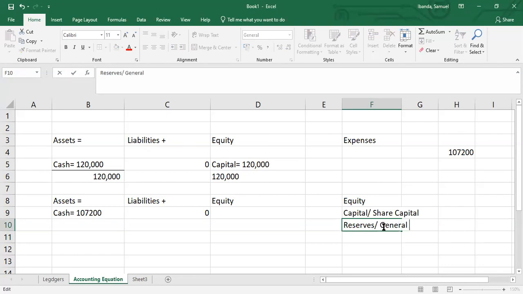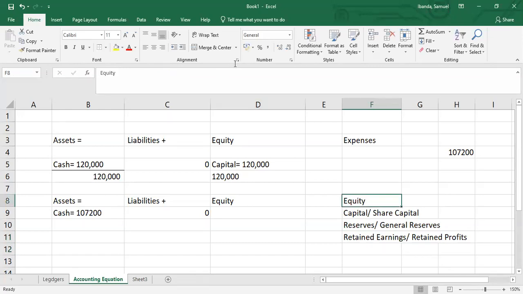Equity can also be retained earnings, or sometimes they call them retained profits.